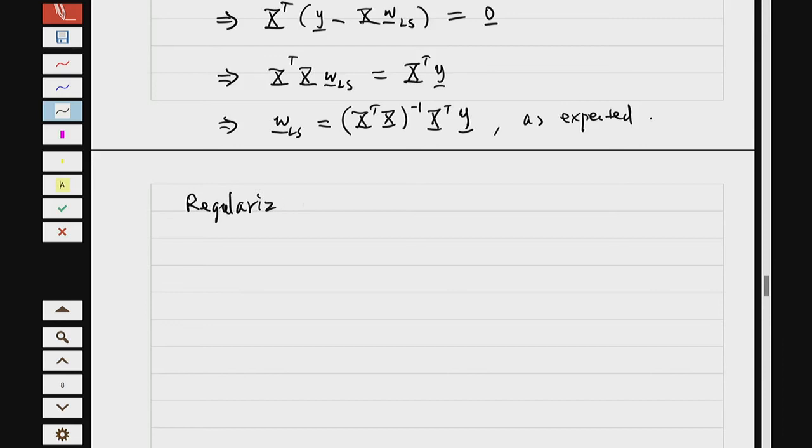Let's say regularized linear regression. And the solution would be, of course, the regularized least squares solution.